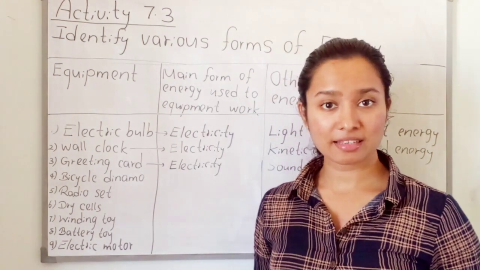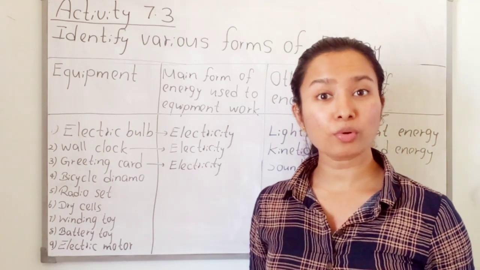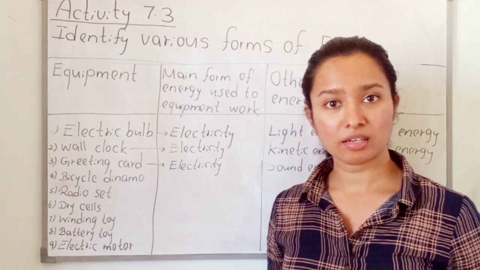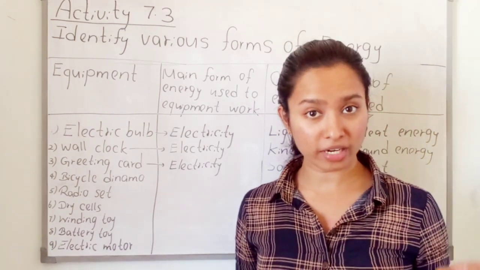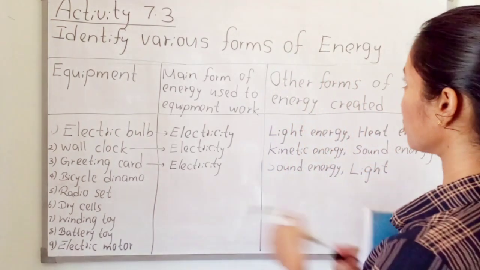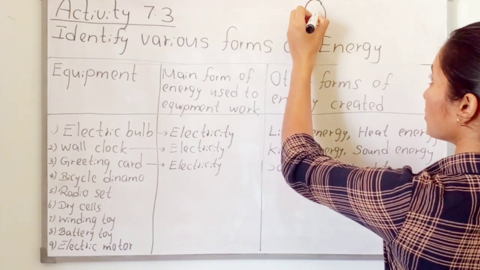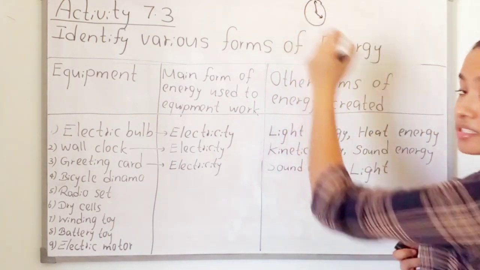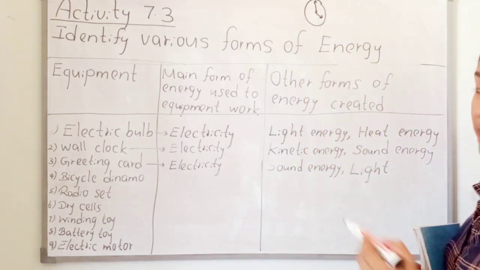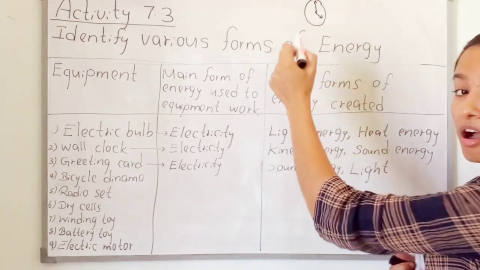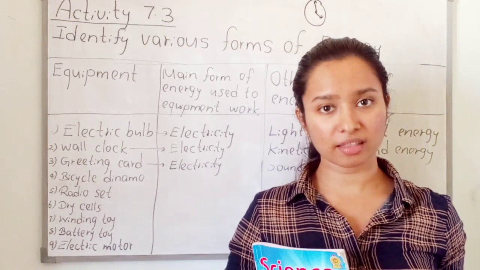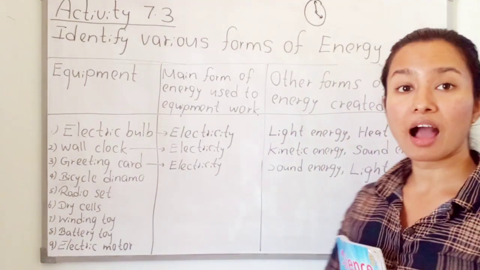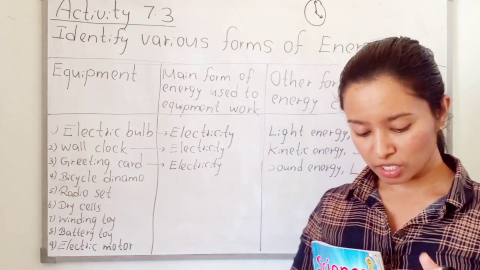What are the other forms of energy created when this wall clock works? The clock has 2 or 3 hands. When the clock is working, the hands are rotating. So we call it kinetic energy.